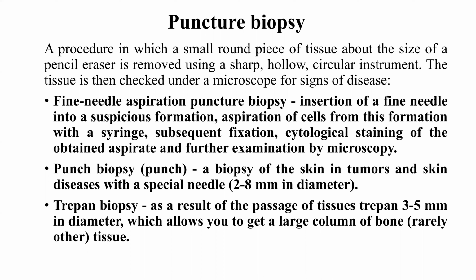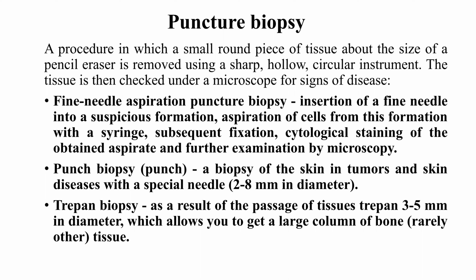The next type of biopsy is punch biopsy. Usually this method is used in dermatology. It is biopsy of skin tumors and skin disease, and for such biopsy we use a special needle with a big diameter.